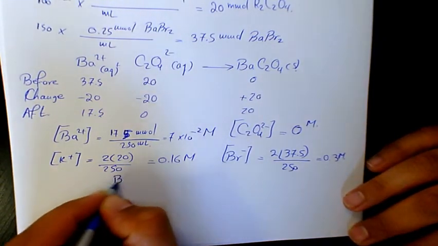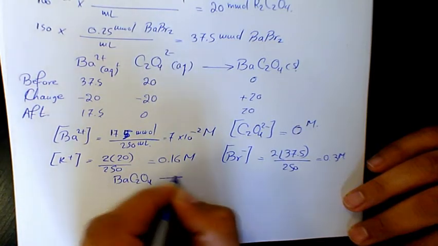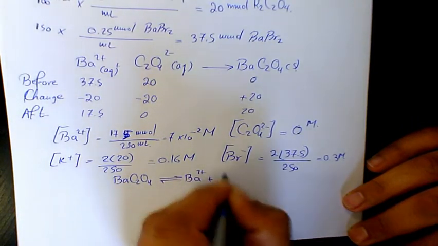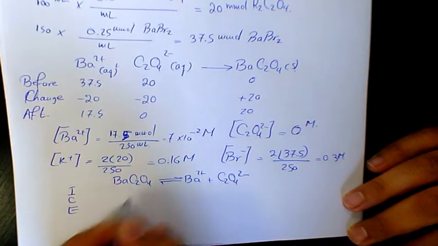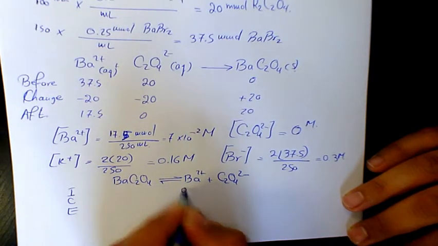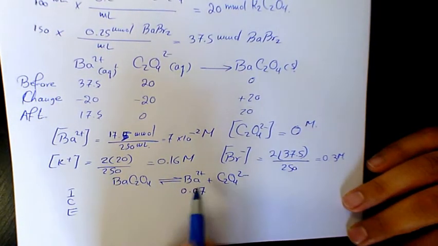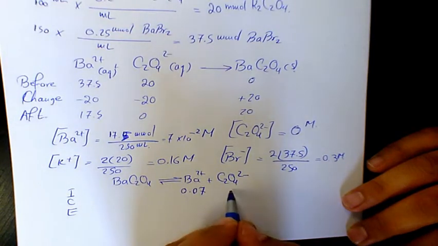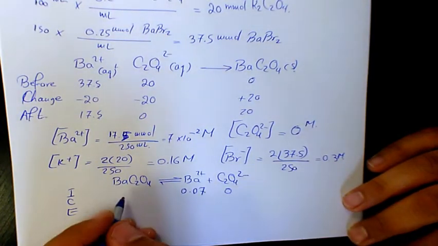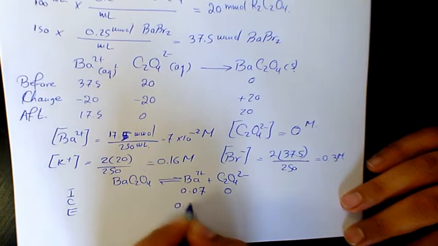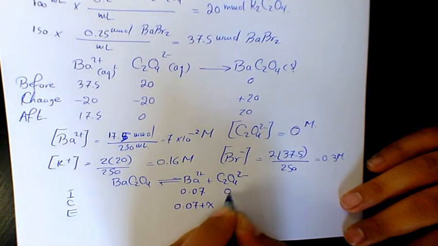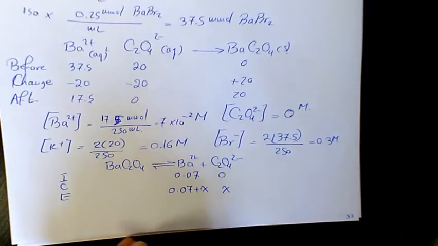So we have BaC2O4 gives Ba2 plus and C2O4 2 minus. Ice table. We have 0.07 here initially, 0 here. Then when it reaches equilibrium, we have 0.07 plus x, and here we have 0 plus x, which is x. So 0.07 plus x and x.